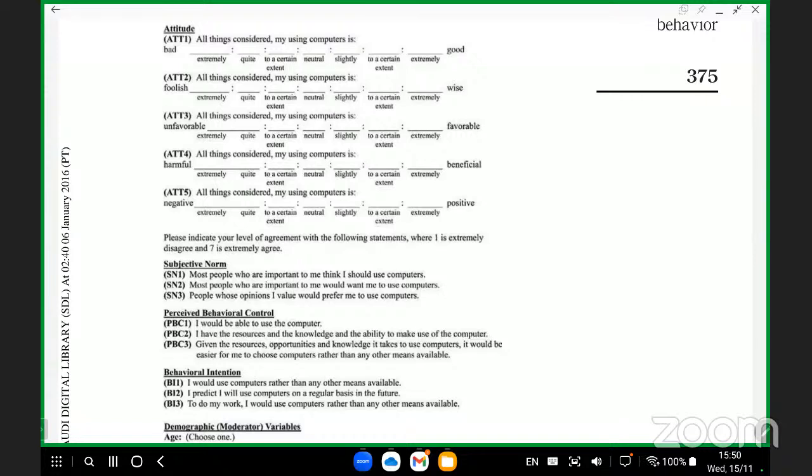Yang ini intention menggunakan komputer, yang you nak buat adalah intention to study at higher level. Okay, nampak tak perbezaan di situ? Tetapi intentionnya masih intention.